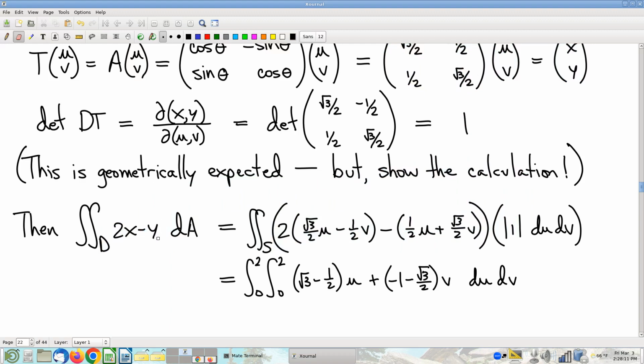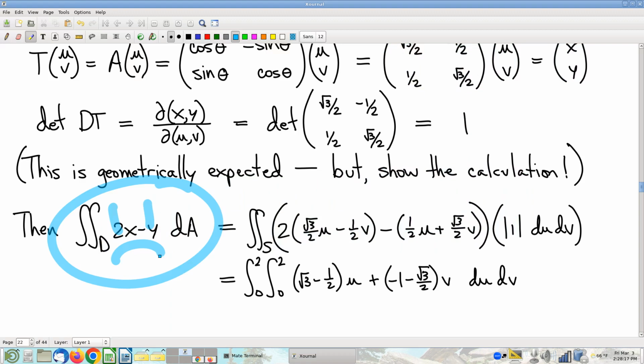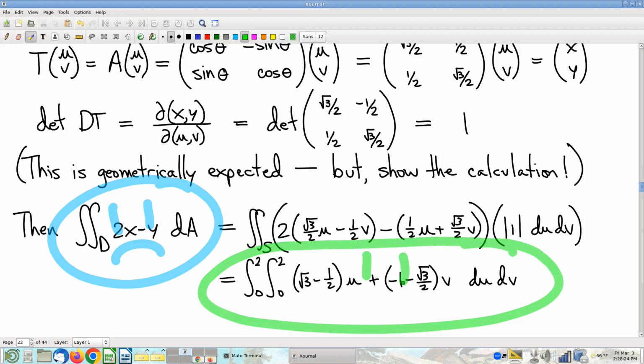Let me clean up the mess here. My original integral on a highly undesirable domain that I didn't want to have to deal with has now been rewritten as a new integral over a much nicer domain. And okay, I'm going to confess that the integrand's a little weirder. Small price to pay, right?